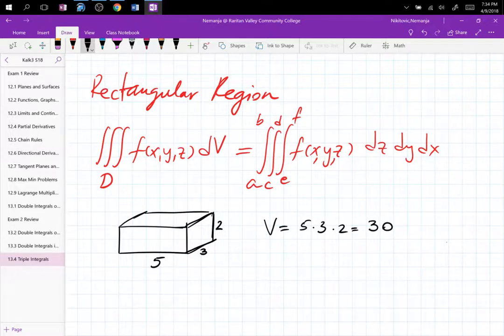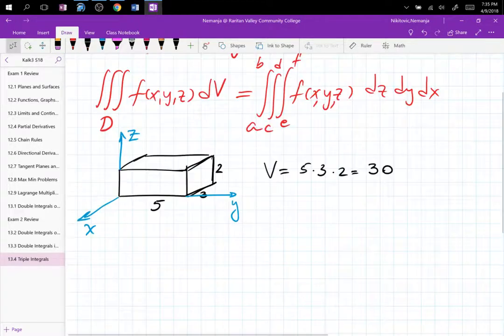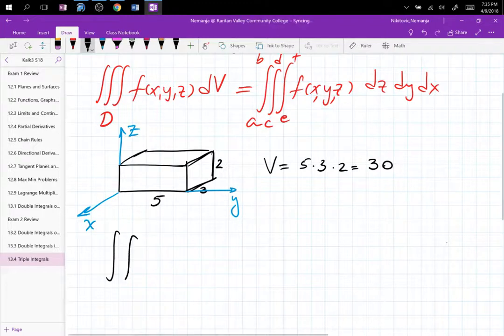But then this pesky child says, why? Ooh, let me show you why. The way we do this, actually, is we place this box in a three-dimensional coordinate system, x, y, and z. And in that coordinate system, we know that we can set up a triple integral.